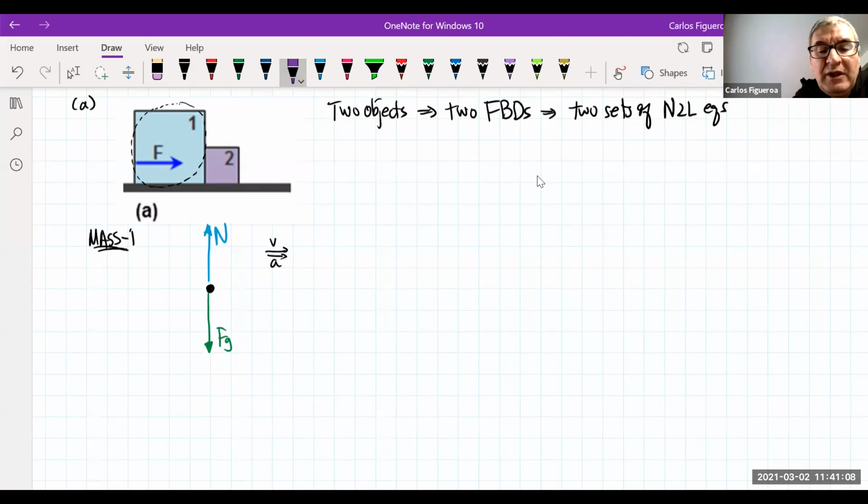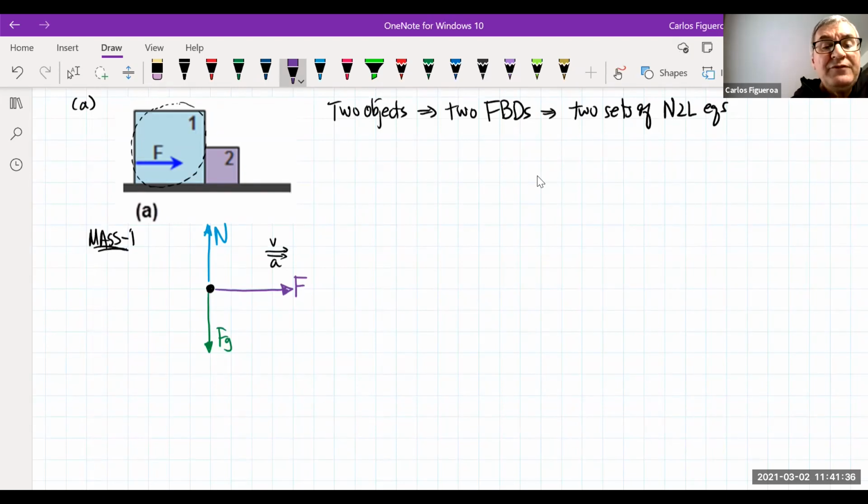If it's accelerating, I have to have unbalanced forces. So in this case, this has to be the force F. This is the one that's acting on block 1. So I'm going to call this just the force F because that's what it's doing there. Does block 2 interact with block 1? According to Newton's third law, absolutely.